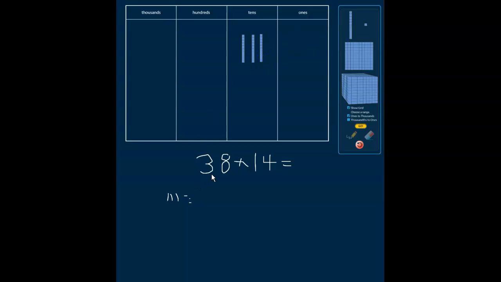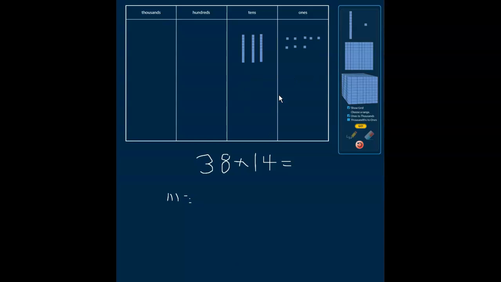I have 3 tens in 38, and I have 8 ones. 1, 2, 3, 4, 5, and I try to line them up kind of like a tens frame because then it's visually easy for me to figure out how many more I need to make a 10. So look, if I look at this like it was set up in a tens frame, I have 5 across and I only have 3 across, which means I would only need 2 more to make a 10.